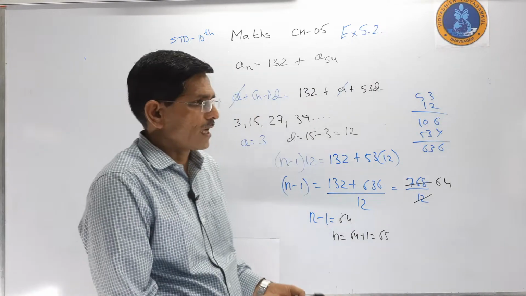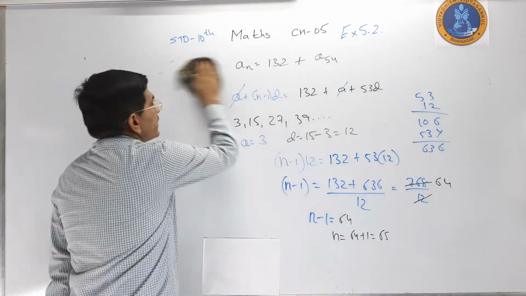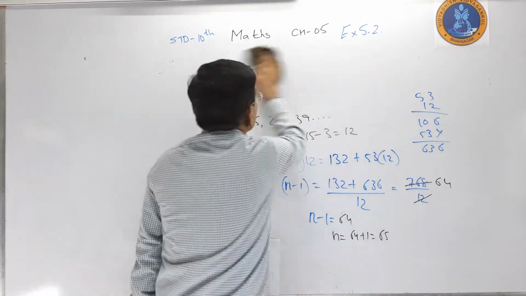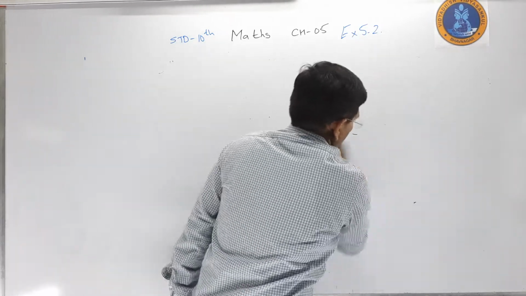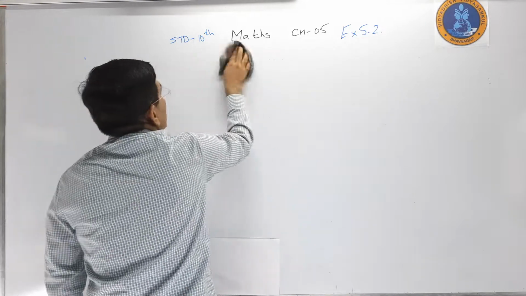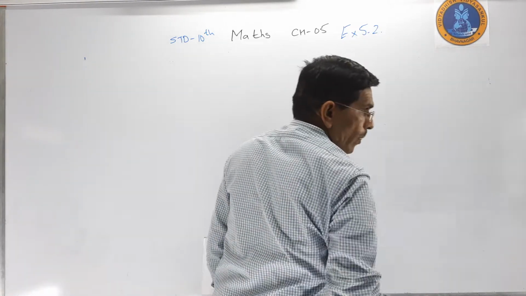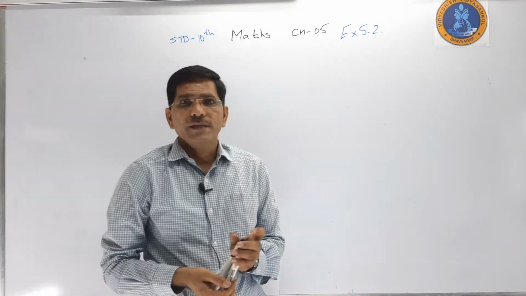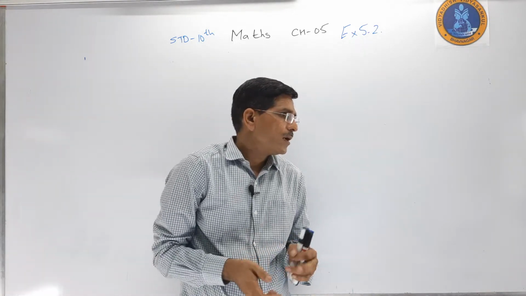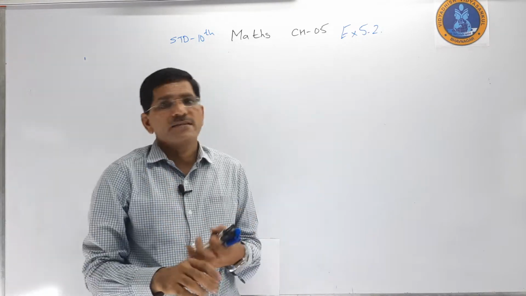Now some sums are related to this, that is question number 13 I am doing. How many 3-digit numbers are divisible by 7?